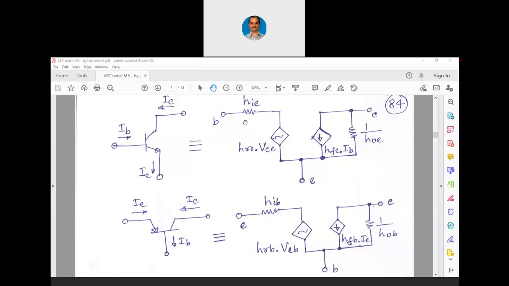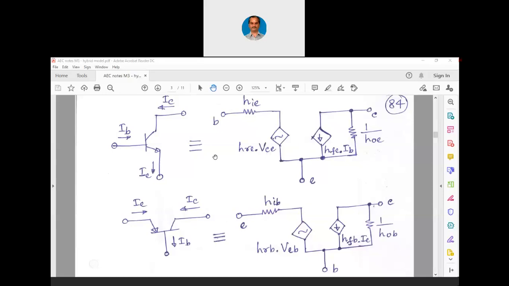Now, looking at this diagram, in relationship with the RE model, we can directly write beta into small re equals HIE. We can also say R0 equals 1 over HOE, and beta equals HFE.